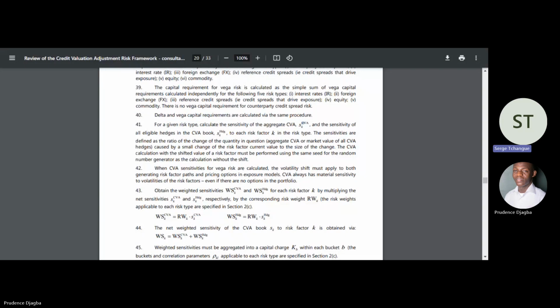You are creating an instrument to help your CVA, but that instrument has a CVA too, and its sensitivity is supposed to reduce the sensitivity of your book to CVA. So they basically use that to hedge.